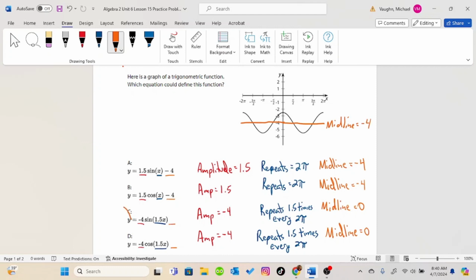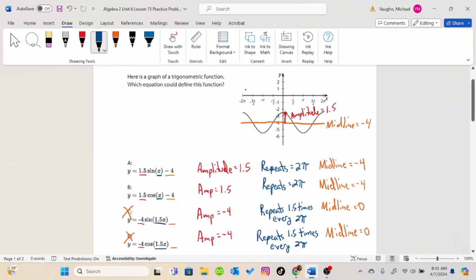So that means C is wrong and D is wrong. Next, we look at our amplitude. The amplitude is 1.5. So both A and B could still be correct.